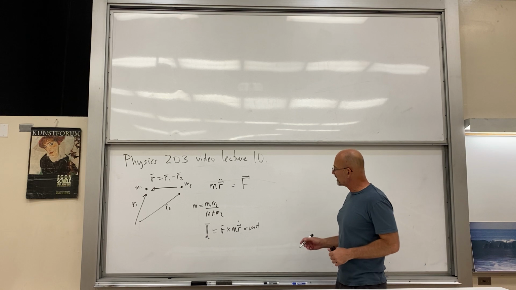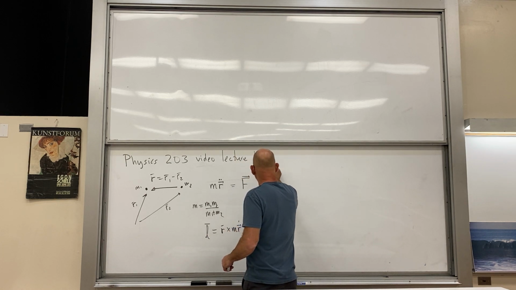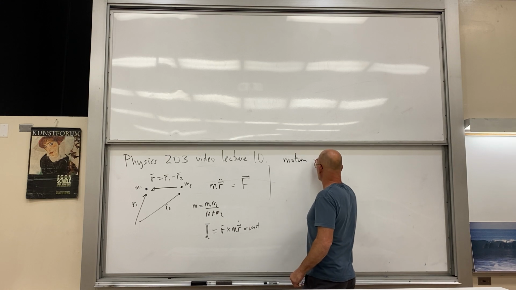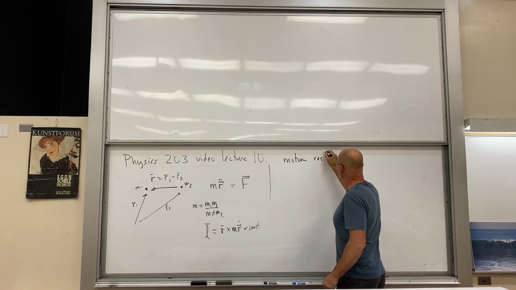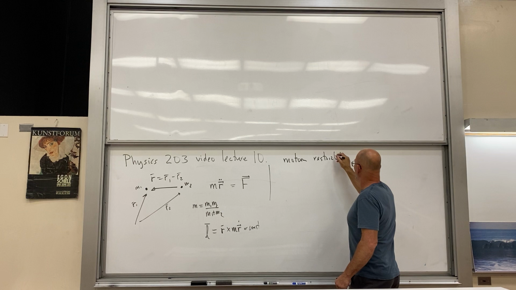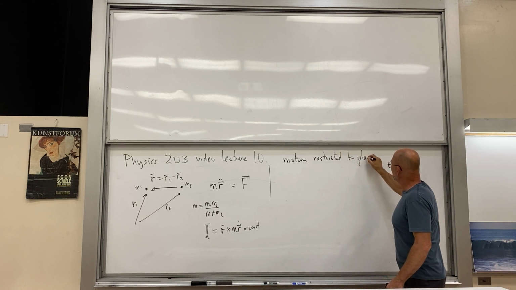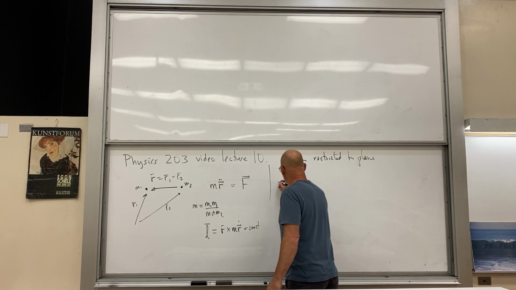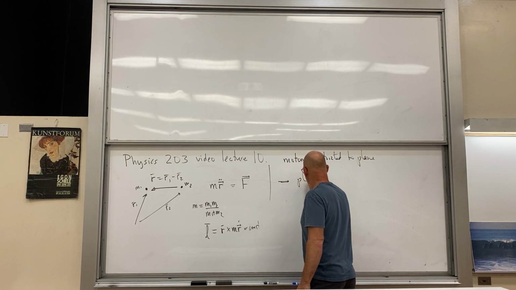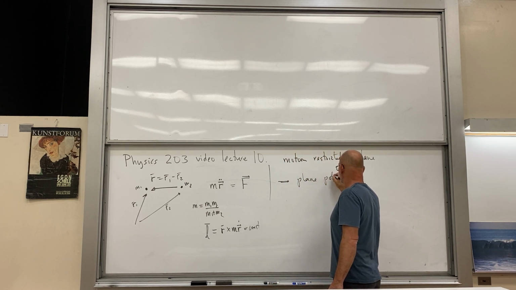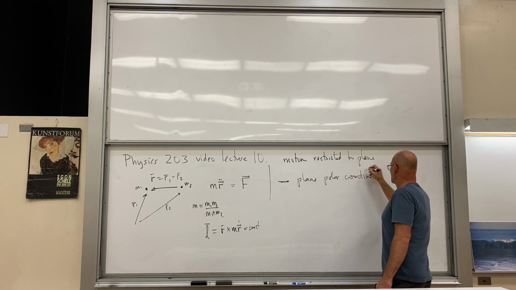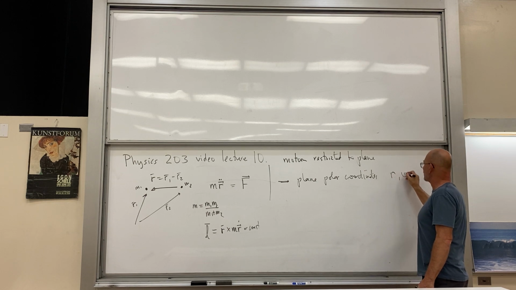So the motion is restricted to a plane, and therefore we can use plane polar coordinates. So that's where we're going to start. And those will be r and phi.